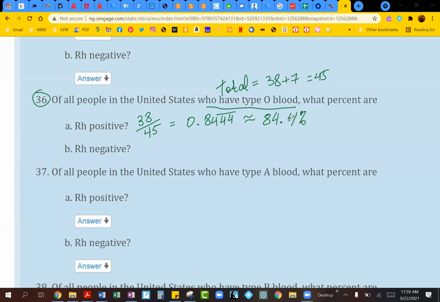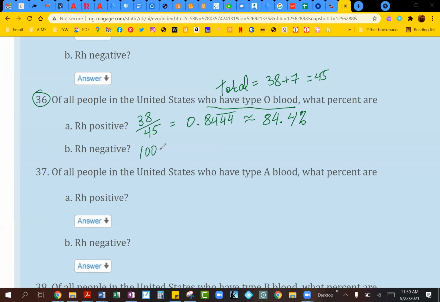And using that same rule, what percentage is then negative, RH negative? 15.6%. 15.6, because again, the idea is we're only doing this with the type O blood.